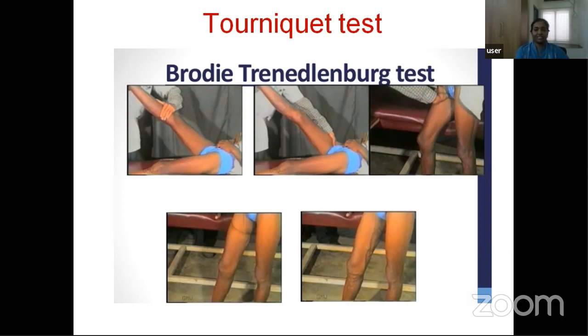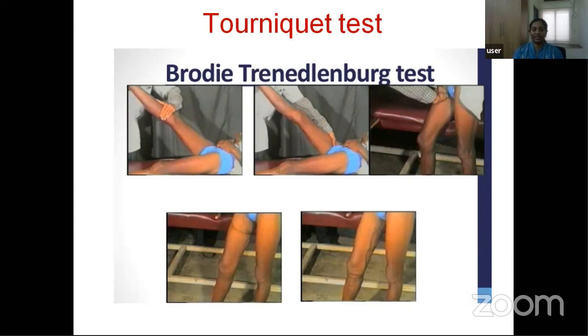It's also called the Trendelenburg test. I hope you have heard this word Trendelenburg. There is something called the Trendelenburg sign also, but this is the Trendelenburg test. The Trendelenburg sign is related to the gluteus medius, but this is the Trendelenburg test. It's also called the tourniquet test.